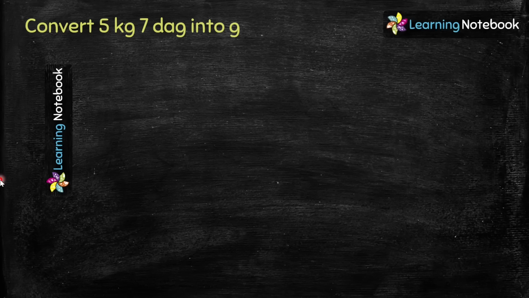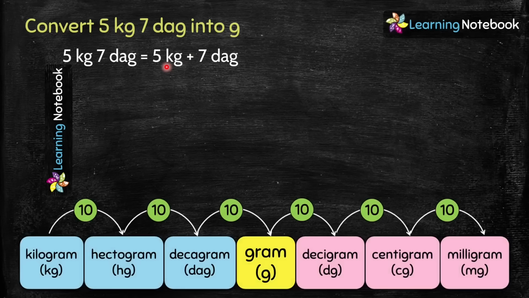So 5 kilogram 7 decagram can be written as 5 kilogram plus 7 decagram. So first let's convert kilogram into gram. We know 1 kilogram equal to 1000 gram. So let's multiply 5 by 1000.